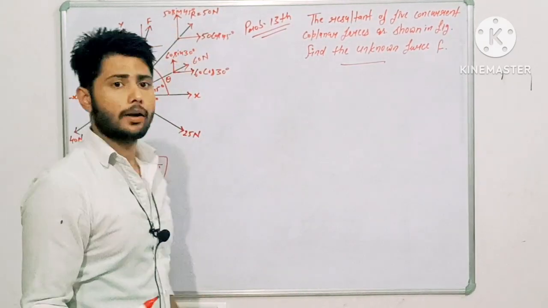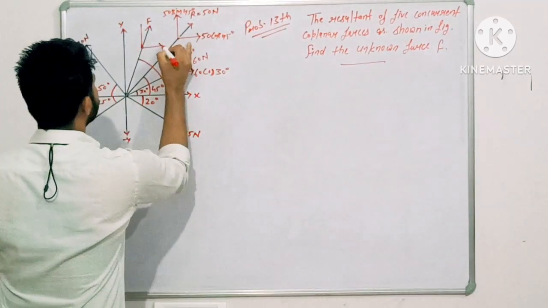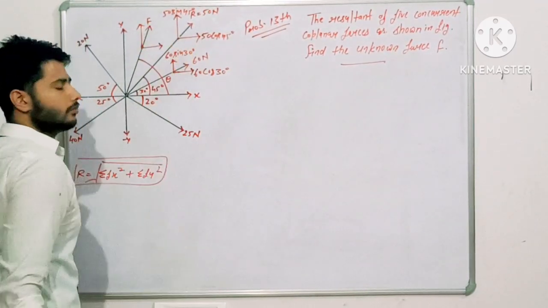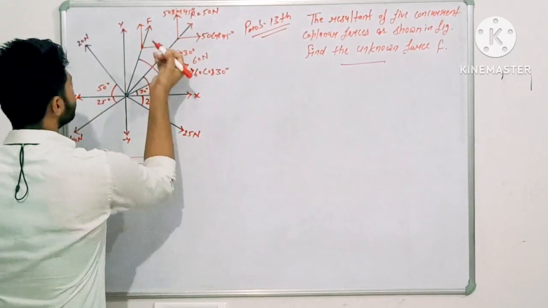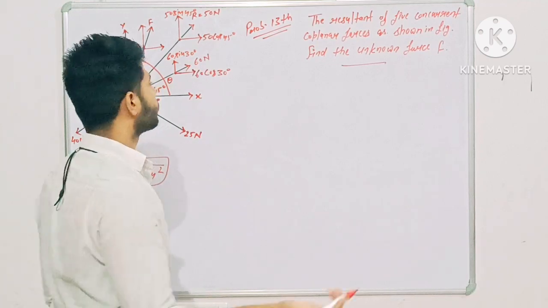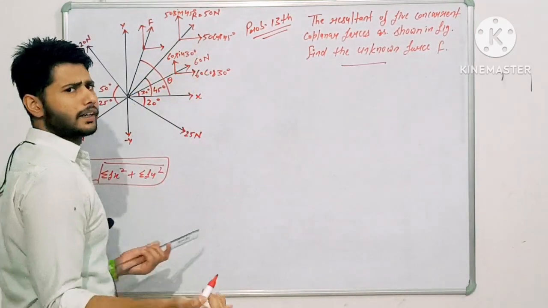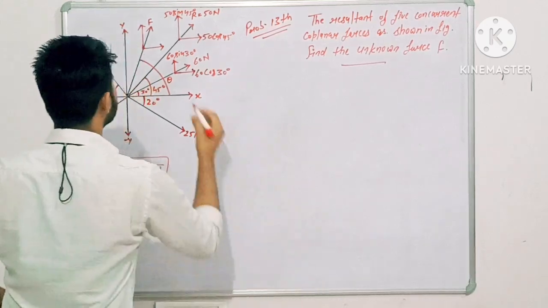This force F is going away from the point, so the direction of both the forces must be away from the point. You can choose the angle with the vertical or with the horizontal. I am taking it with the horizontal, since the angle is not given here.